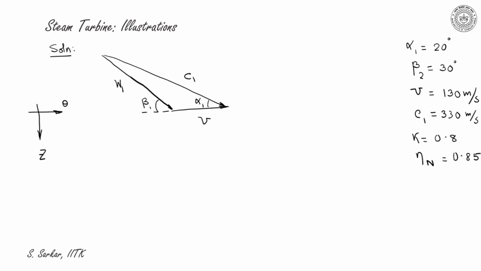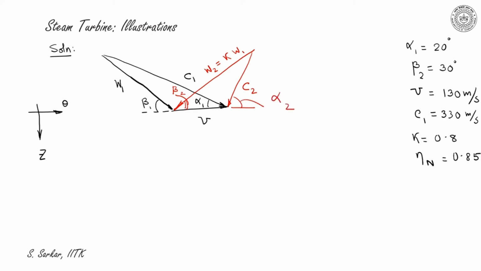After that, let me draw the exit velocity triangle. W2 here will be less than W1. So this is W2, which would be equal to K into W1, and this is C2. This angle is beta 2 and this angle is alpha 2.